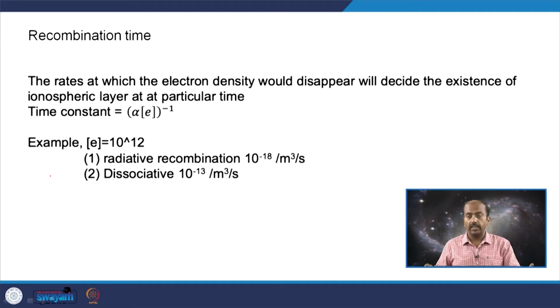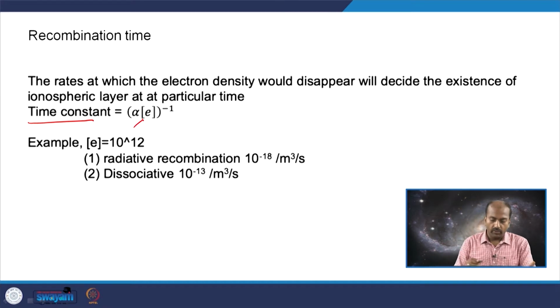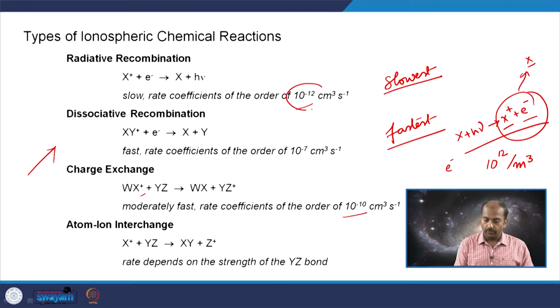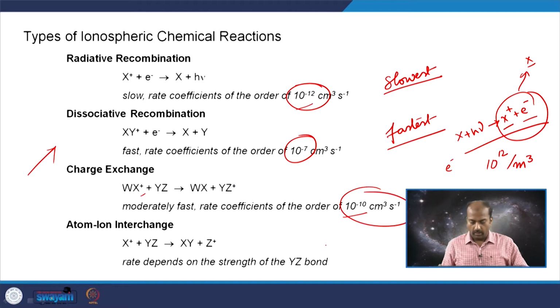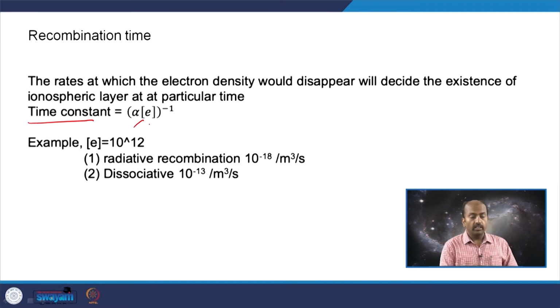So, time constant. How do you define time constant? Time constant is the duration of time over which electron density will successfully recombine with the ion density to give you neutral species. Alpha is the recombination coefficient, which we have already seen in these four different reactions, and E is the electron density at a particular time.